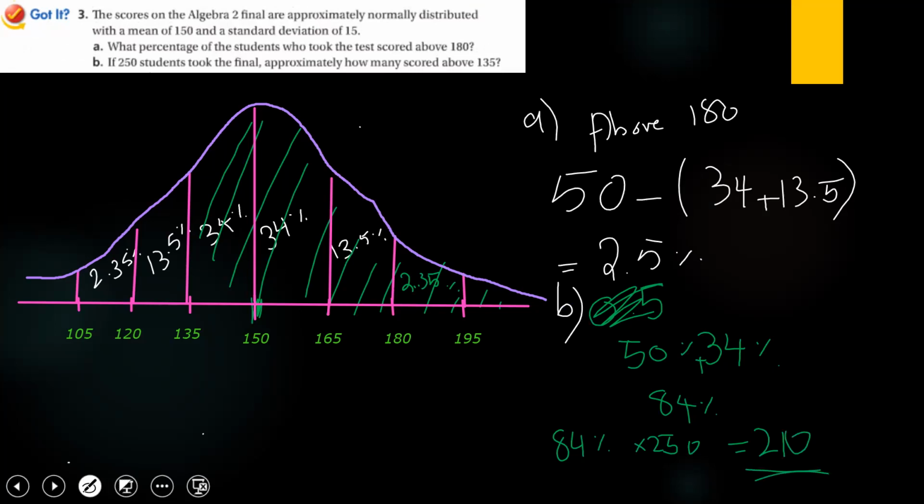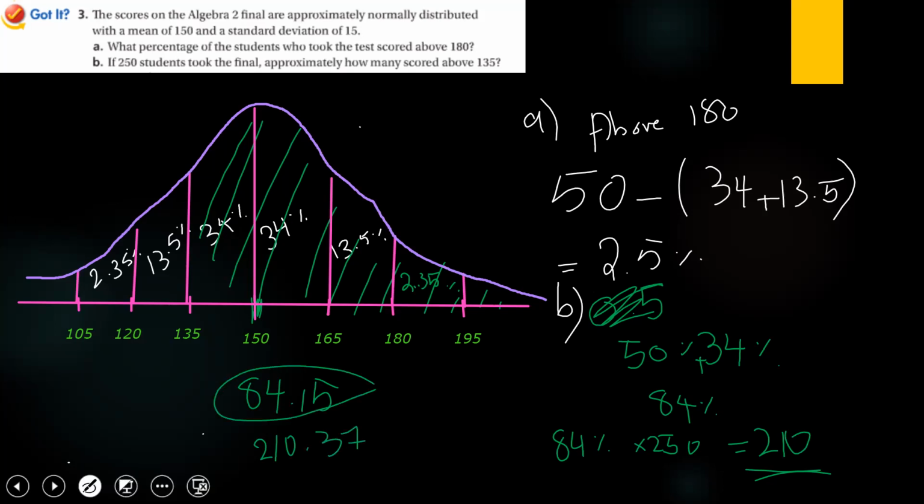Now, if you told me it is like 13.5 plus 2.35, then minus 100, if you told me now it is 84.15, and then you multiply it by 250, your answer will be 210.37 or something like this.